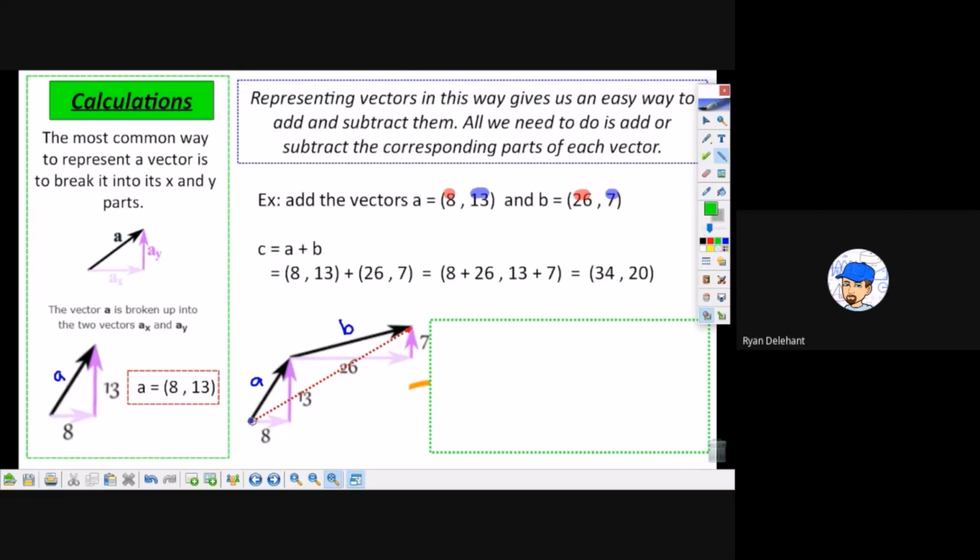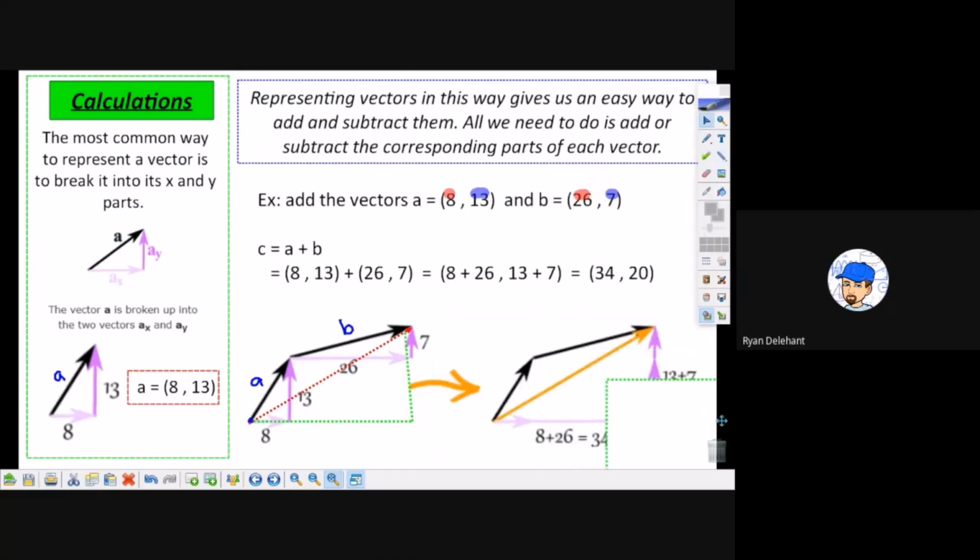To get there, it has an X distance here, then a Y distance here. It makes a triangle. What's our X distance? Our X distance is 34, and you can almost see that piece together. Here's your 8. This part is 26. That's the reason we added them together. And we ended up with the 34 on the bottom.